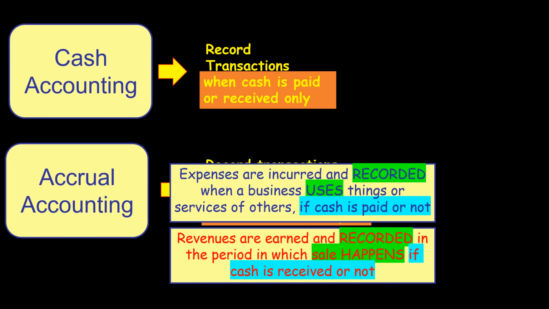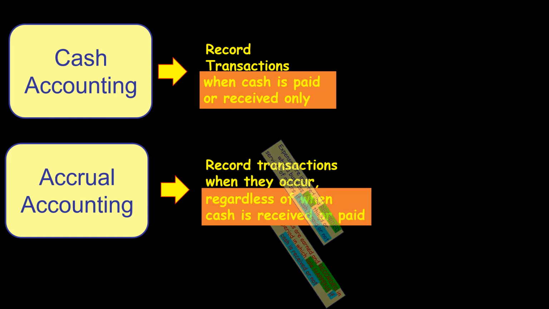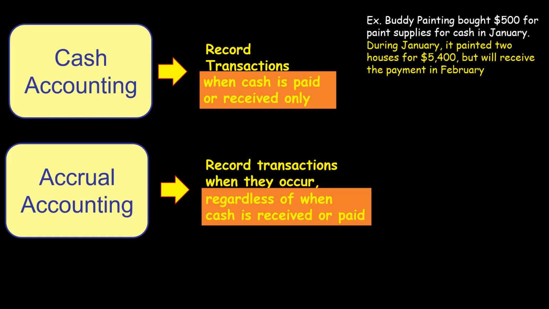To give you another example to fully understand this, here is an example for Buddy Painting. Buddy Painting bought $500 of paint supplies for cash in January. During January, it painted two houses for $5,400 but will receive the payment in February.